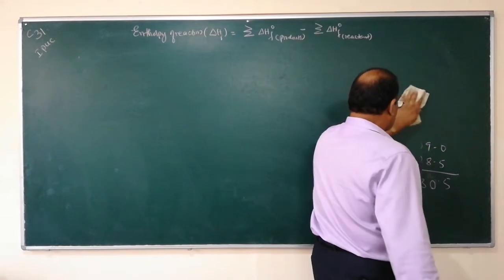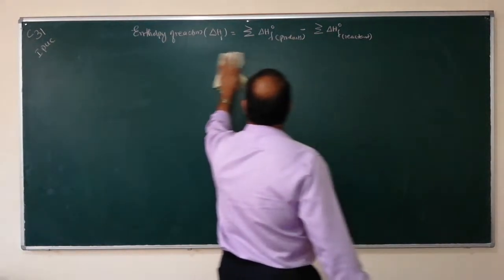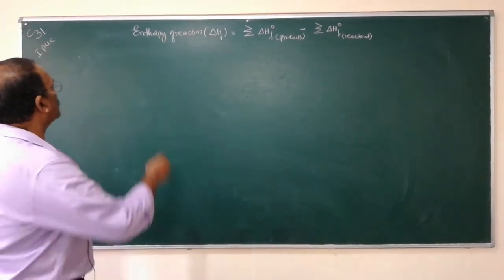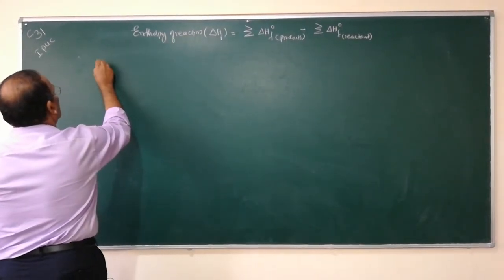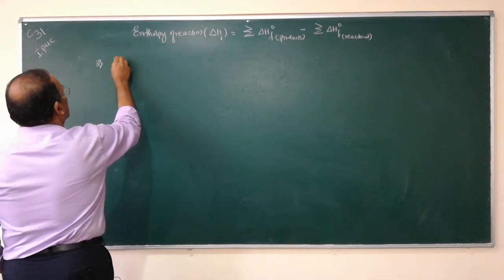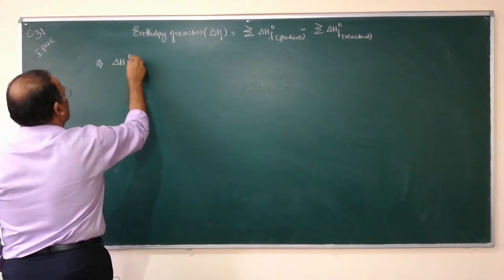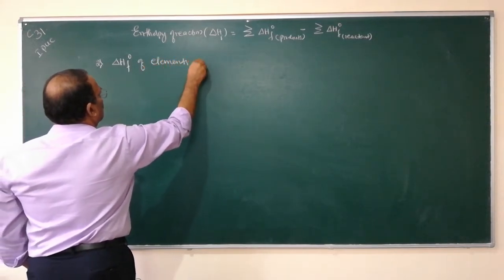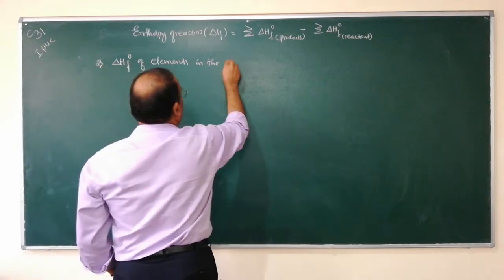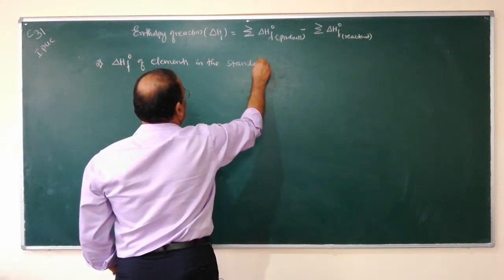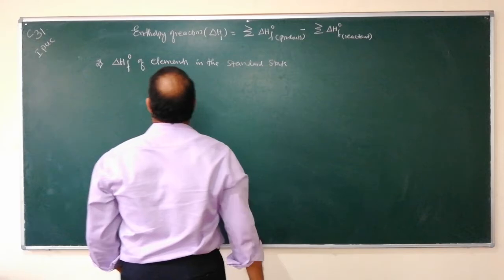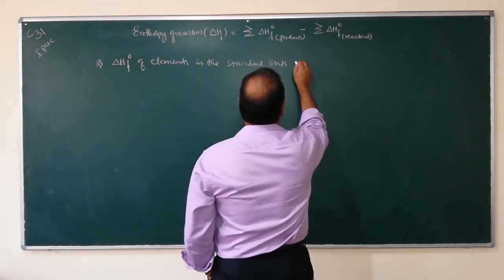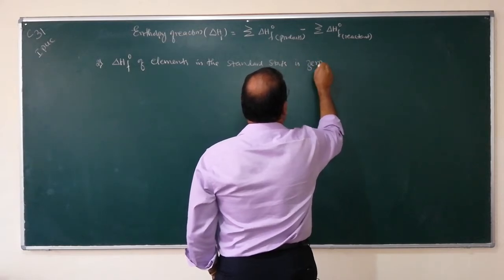So if in some cases elements are there in the reaction, what do we have to do? This is note number 2. Delta HF naught of elements in the standard state is 0.